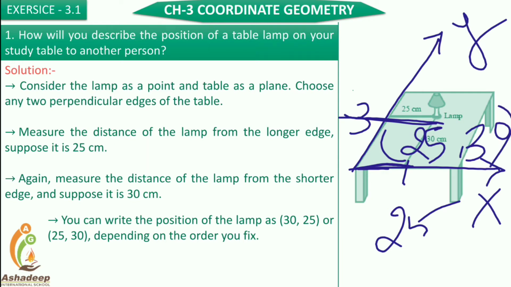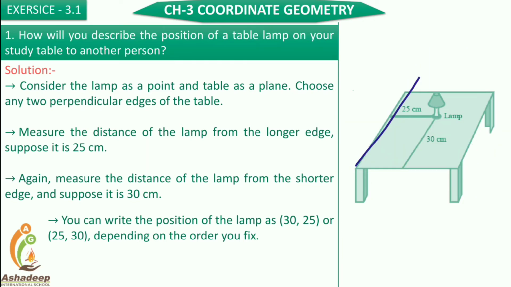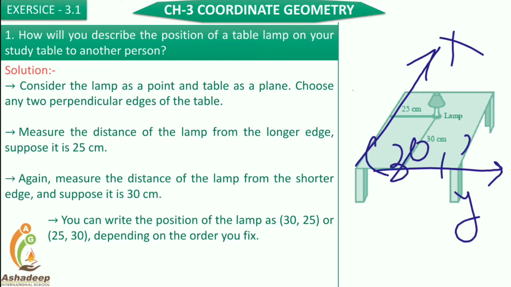On the other hand, if you consider this as the x-axis and this as the y-axis, different digits will be there. So it is going to be 30, 25, because this is the x-axis and x is going to be 30 and y is going to be 25.